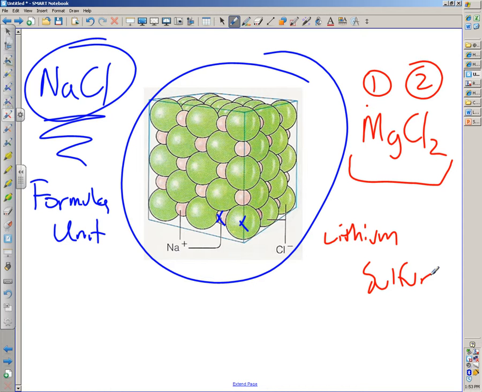You find lithium on the periodic table and find out how many valence electrons it has. You find sulfur on the periodic table and find out how many electrons it has, which one's positive, which one's negative. You're basically figuring out what the formula unit is going to be for that compound. That's what it ends up being.